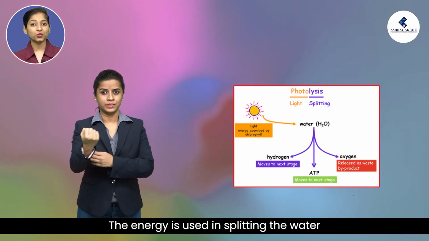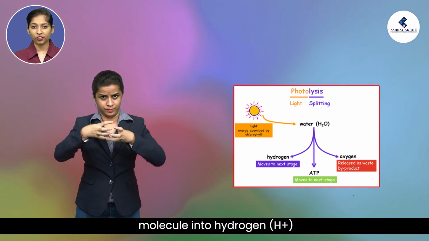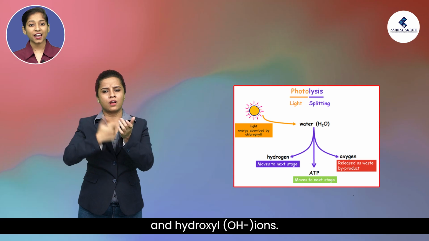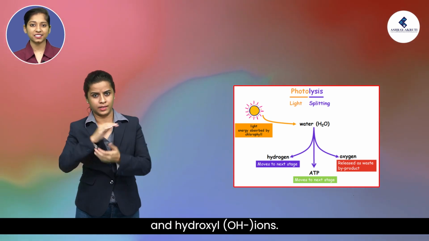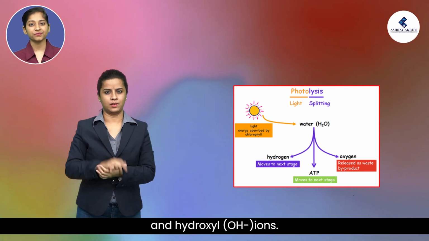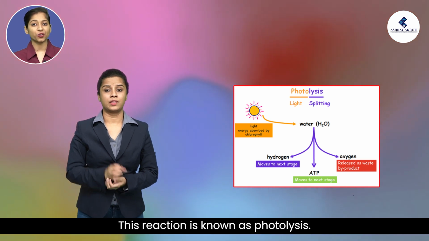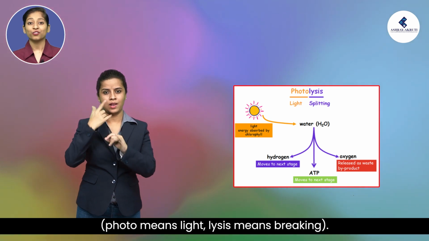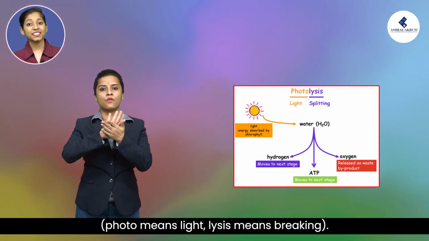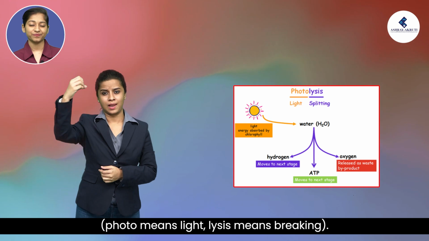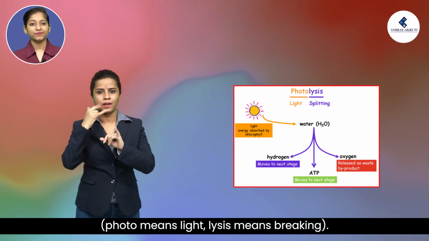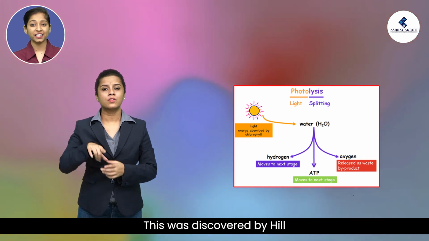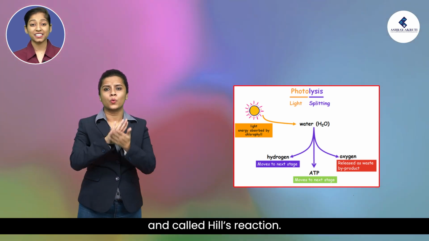The energy is used in splitting the water molecule into hydrogen and hydroxyl ions. This reaction is known as photolysis. Photo means light, lysis means breaking. This was discovered by Hill and called Hill's reaction.